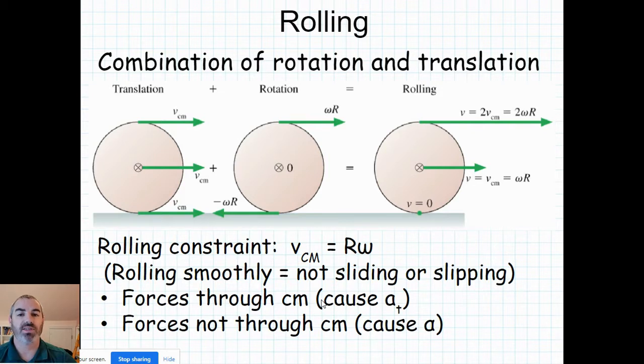If we sum all of those, the top is moving twice as fast as the center of mass, and the bottom is not moving at all. This is the definition of rolling without slipping, where we have static friction between the bottom of the sphere and the ground. The same thing works with the tires on your car.